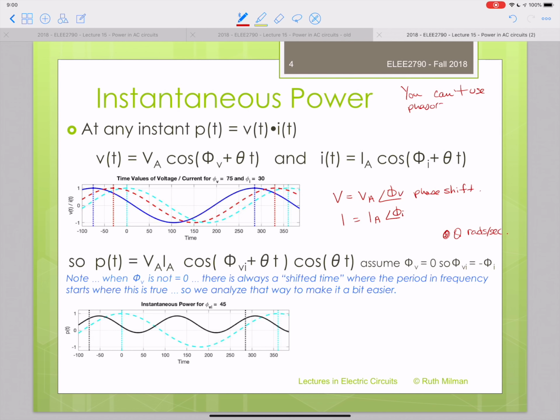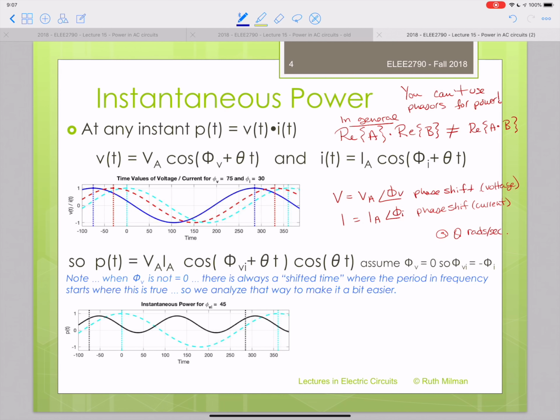Why? Well, very simple. Recall that the voltage is going to be the real part of some complex function. The current is going to be the real part of some complex function, and this is absolutely not equal to the real part of those two functions multiplied together.